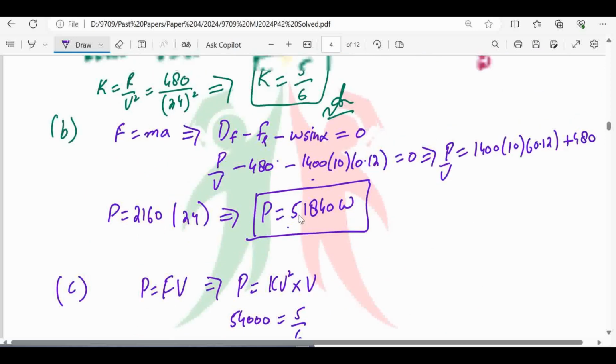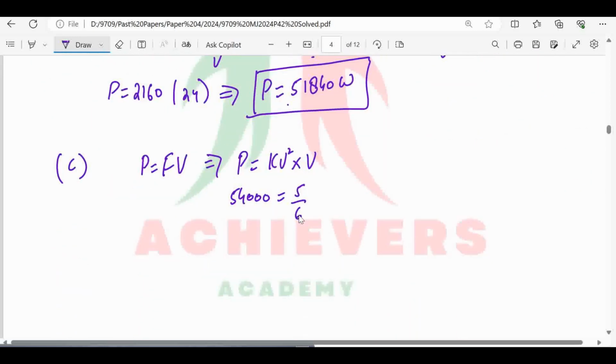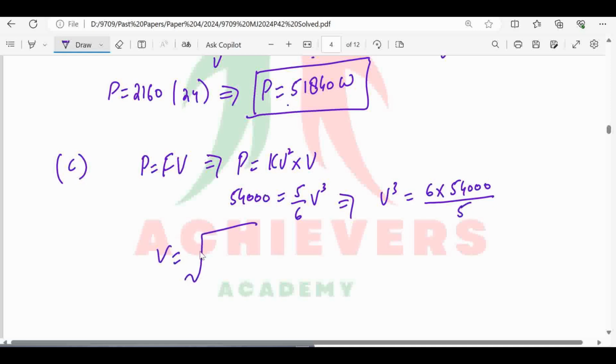In the first part we found the value of k, 5 by 6, times V cubed, and if we simplify it further, V cubed will be equal to 6 multiplied by 54,000 divided by 5, and then V will be the cube root of 6 multiplied by 54,000, whole divided by 5.